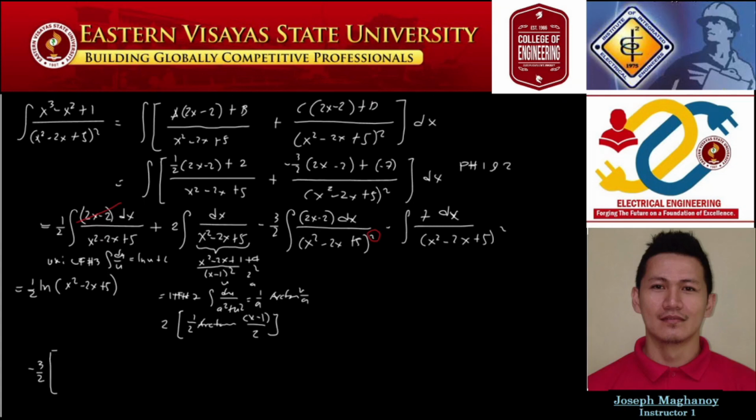Again, you will not integrate 2x minus 2 since it is only the first derivative of your denominator. If you do so, it will cancel out your function. Okay, so let's apply the power formula. Since x squared minus 2x plus 5 is at the denominator, we can move it to the numerator, making our power negative.